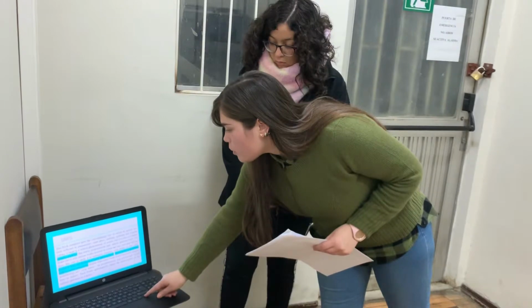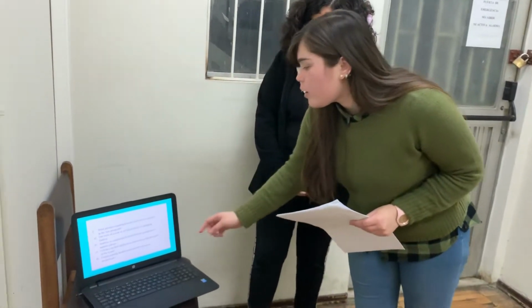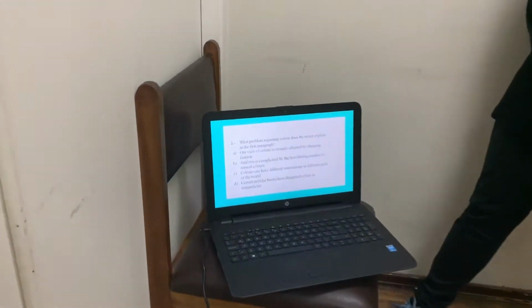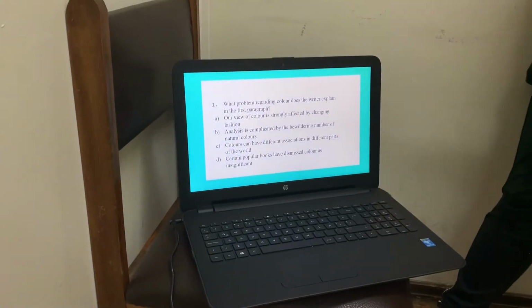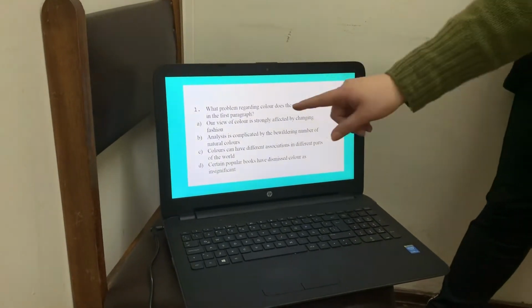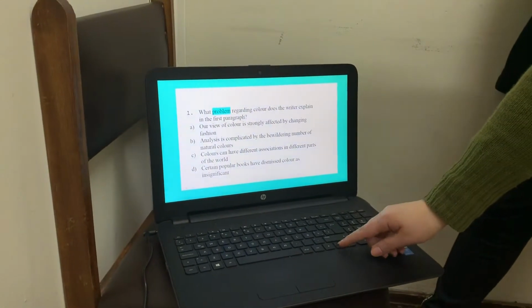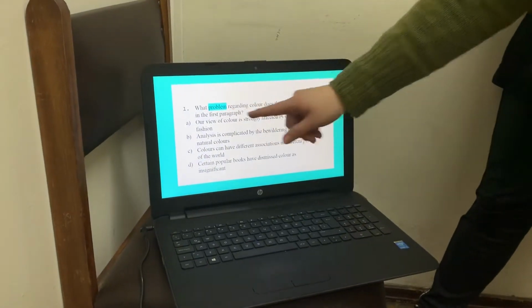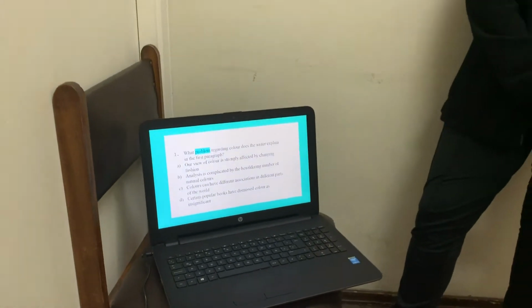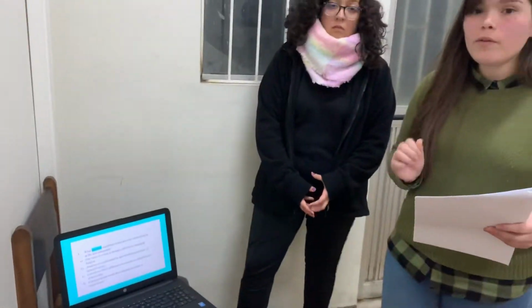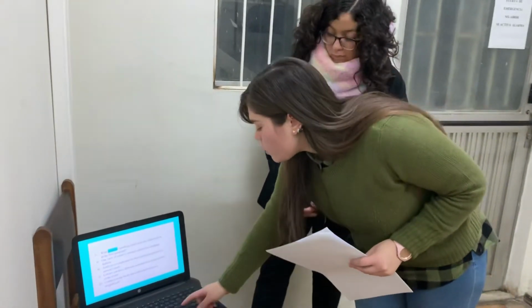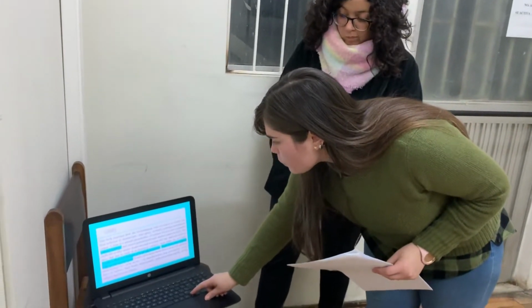Now we go back to the first question, and we're going to look for the keyword. What is the keyword in the question? The keyword is problem. We have to look for the problem that the author of this text wants us to look for.